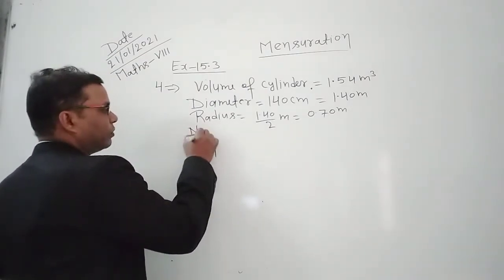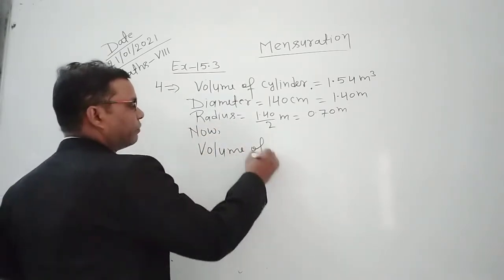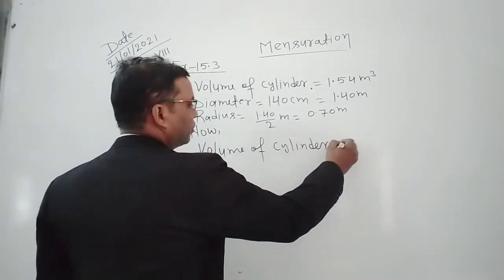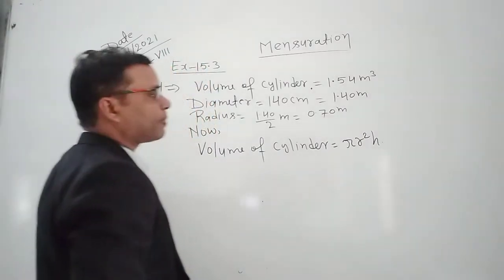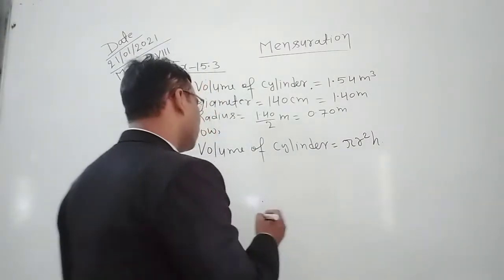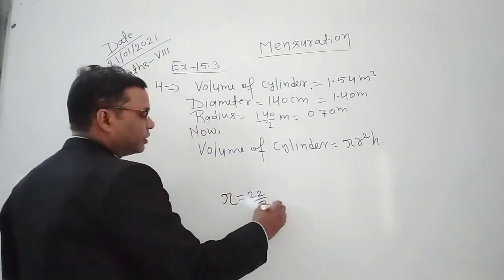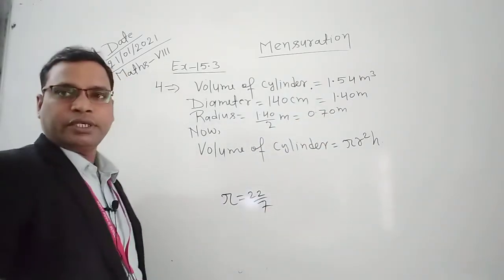Now, volume of cylinder is equal to pi r square h. So the value of pi is 22 by 7, and r is here 0.70 meters.